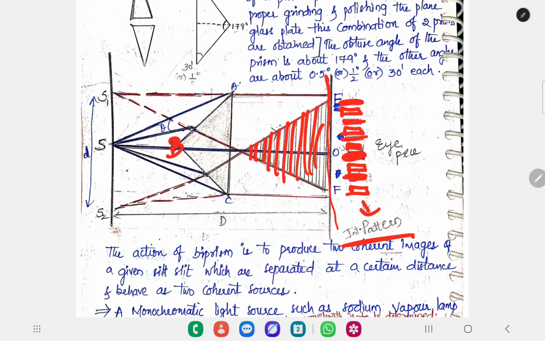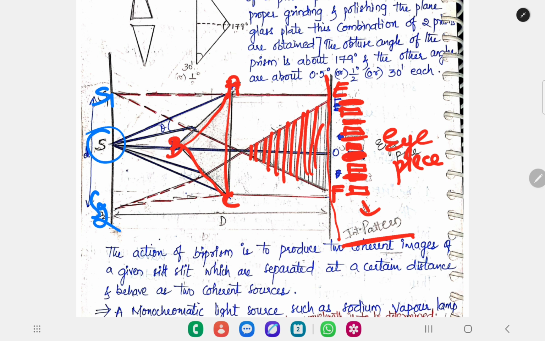This is a screen. From here we are seeing, so this is the eyepiece. This is the screen EF. ABC is the Fresnel's biprism. S1 and S2 are virtual sources which are not actually there.